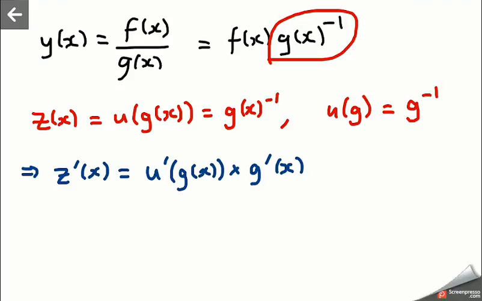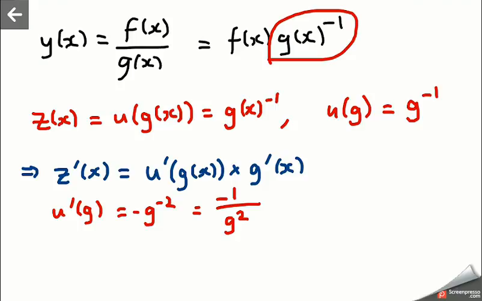Well, u differentiated, u prime of g: we bring the power down and subtract 1, so it's equal to -1 times g to the power of -2. In other words, negative g to the -2, which written a different way is -1 divided by g squared. Therefore u prime of g of x is equal to -1 divided by g of x squared.